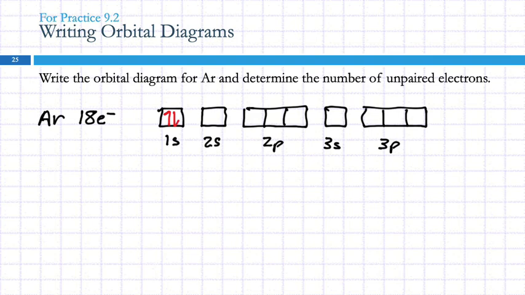So there's 2, and then 3, 4, 5, 6, 7. These guys are going to take their own bed because they can. And then 8, 9, 10, those are guys who are going to have to pair up. 11, 12, 13, 14, 15, 16, 17, 18.